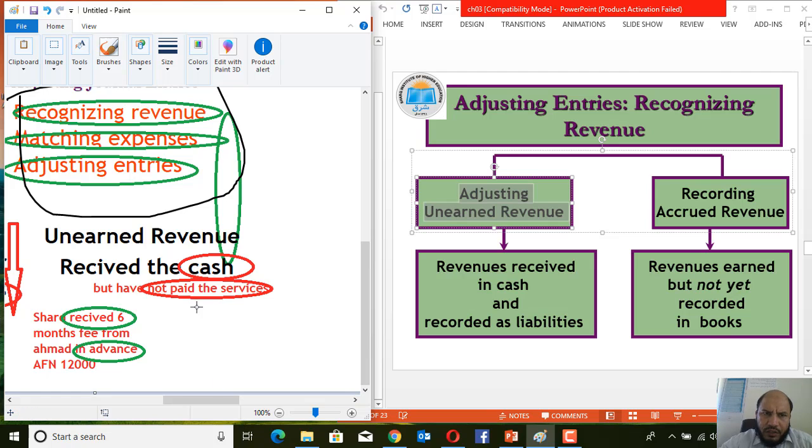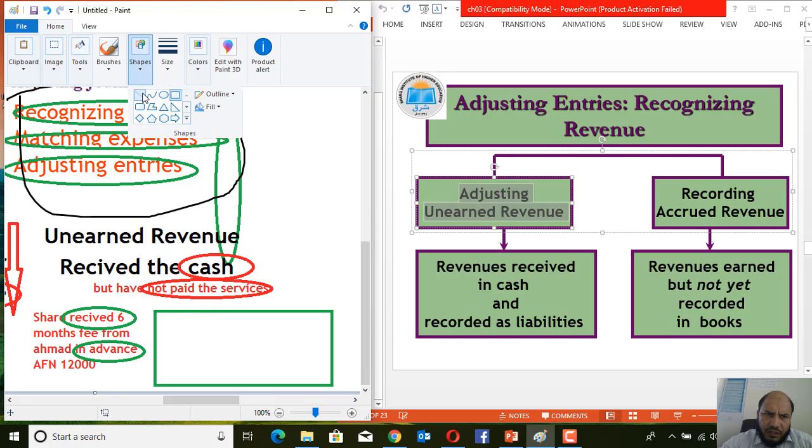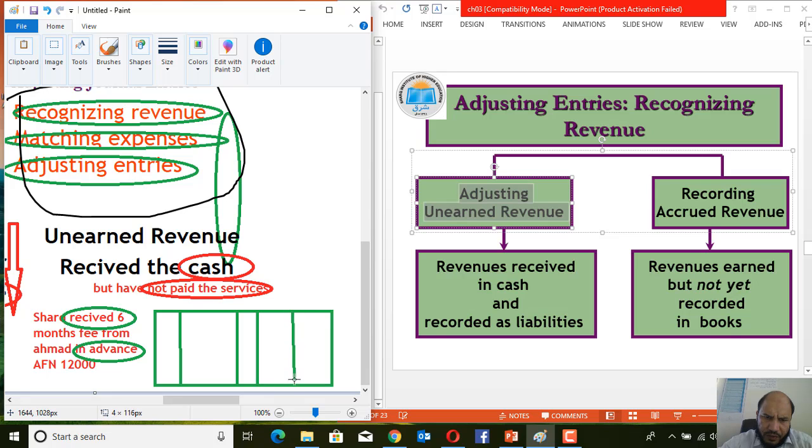So how may we record this in the general journal? Consider that this is a format for a general journal. We have 5 columns: the date column, the description column, the reference column, and the debit and credit columns.